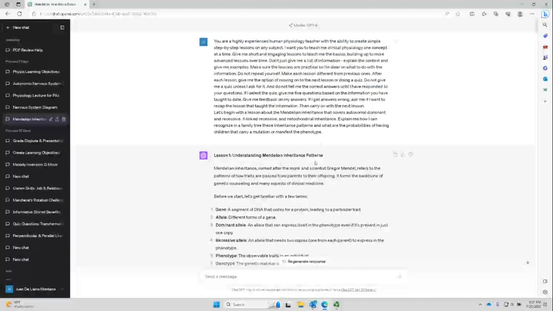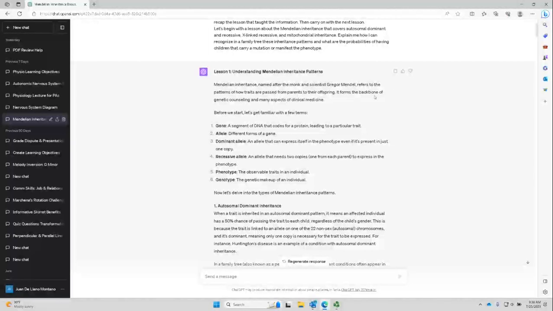And the first lesson ChatGPT gives me is understanding Mendelian inheritance patterns. Okay, it gives me a brief explanation about the meaning of Mendelian inheritance and who was Gregor Mendel, the one who proposed this model.